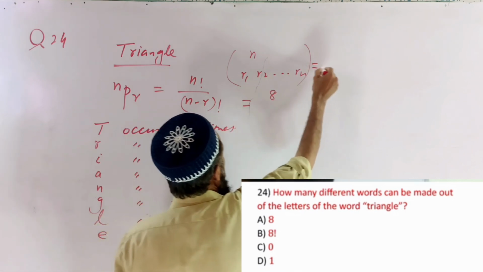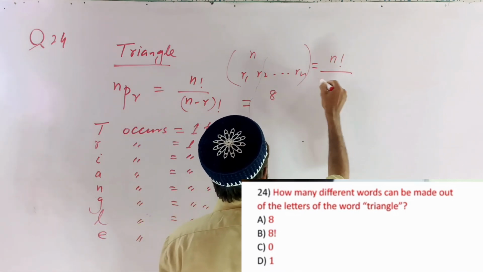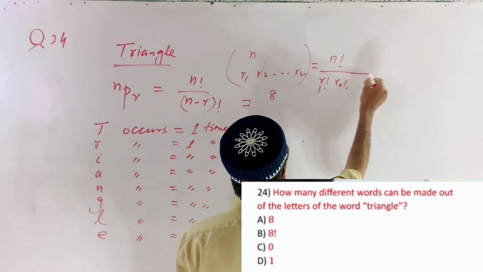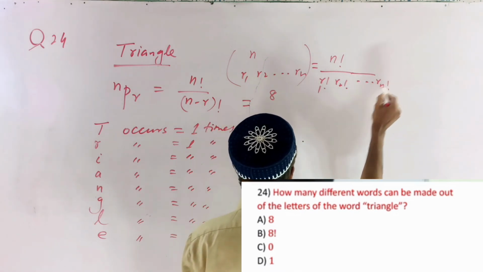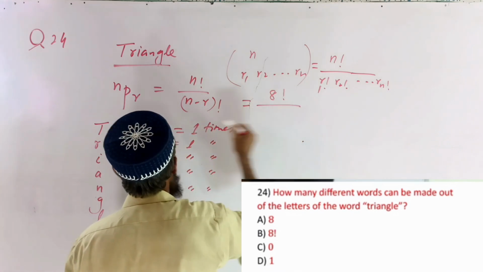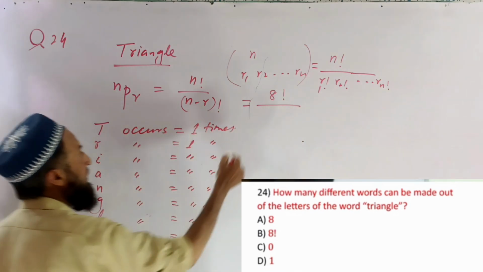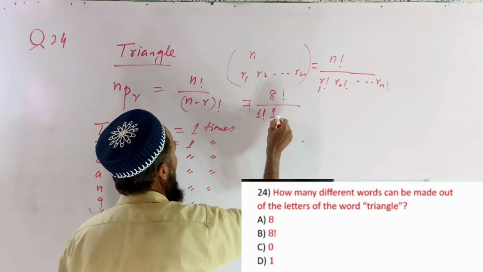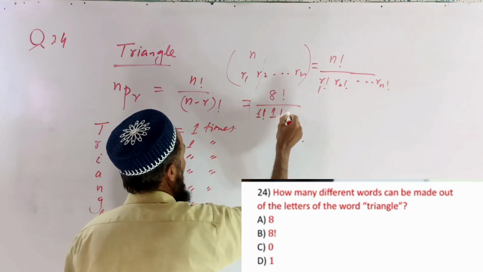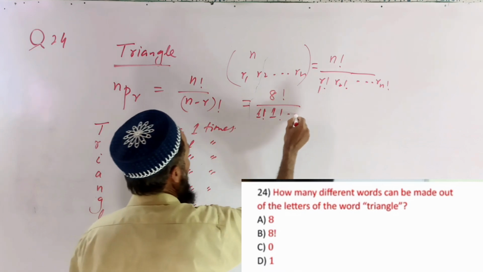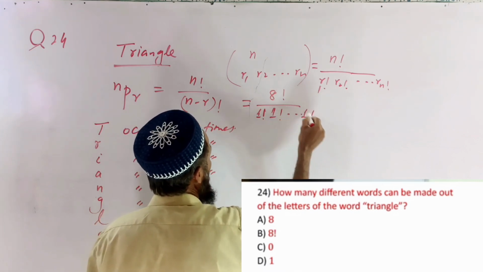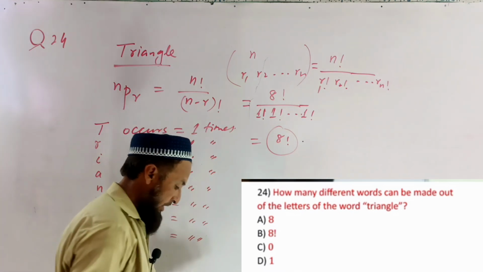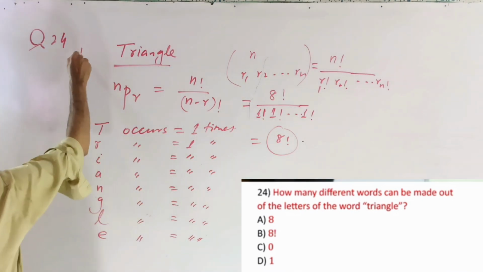According to this formula, each term is repeated one time, so 1 factorial, and so on 8 times. So this will be 8 over 1 factorial, so we get 8 factorial. And here option B is the correct option.